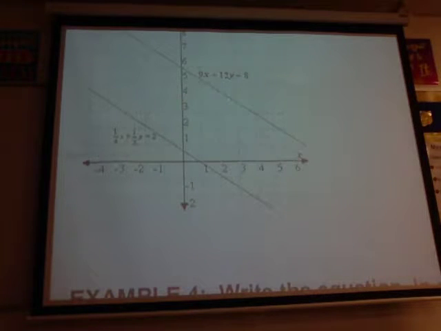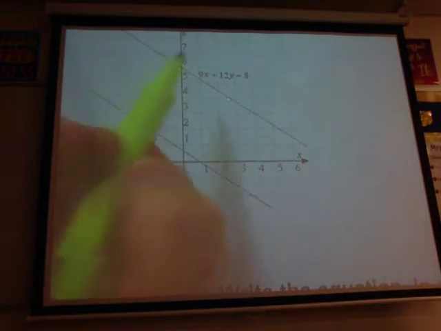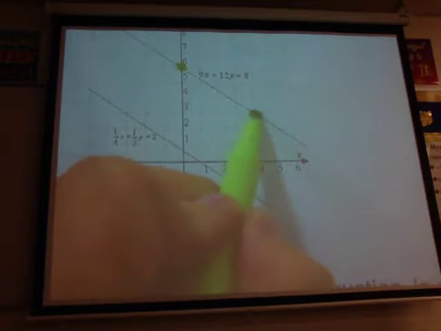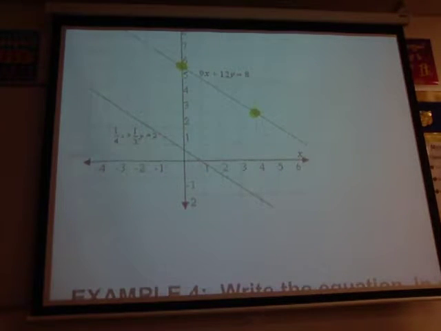What's another way I can find slope given a picture? I can find 2 points exactly where they intersect. You have to, don't guess. You have to be able to tell exactly. So, I know that this one intersects right there, and I know that this one intersects right there. I can tell those are definite (0, 6) and (4, 3).